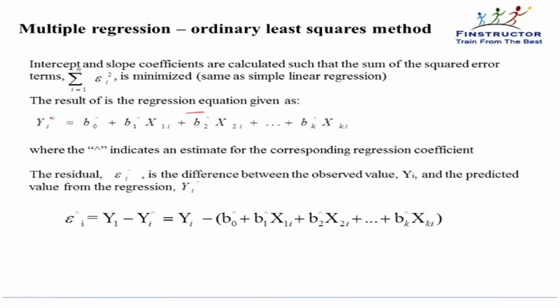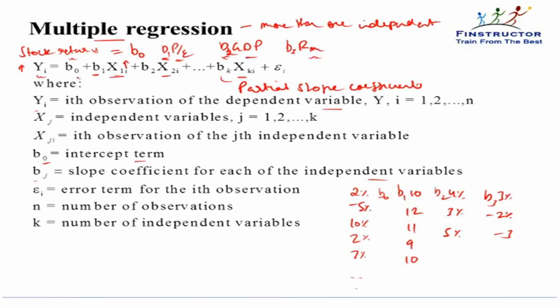Please remember, we put a hat on top of a statistical variable when the variable is an estimated value and not an actual value. In the previous example, we were trying to place these actual returns as a function of the actual independent variables at that time.